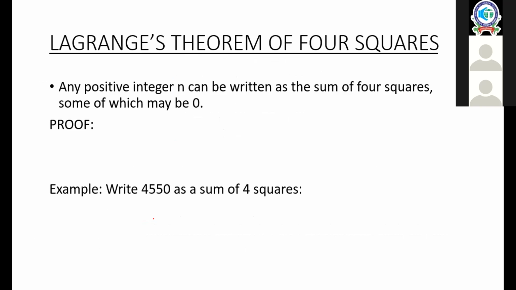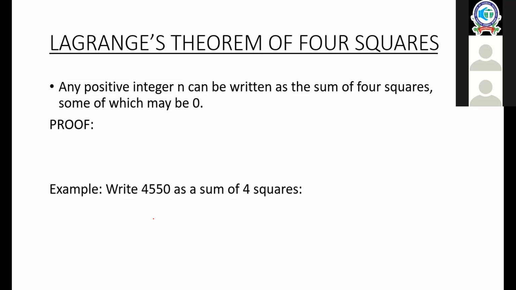Okay, so we have proved Lagrange's theorem of 4 squares. Summing it up, if we are given a positive integer n, we can write it as a product of its prime factors. We proved that if n is equal to n1 into n2, and n1 and n2 can both be represented as a sum of 4 squares, then n can also be represented as a sum of 4 squares.